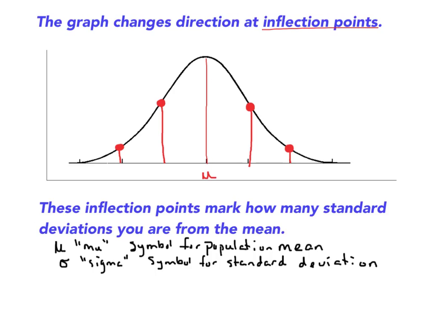And we're going to use the symbol sigma to represent one standard deviation above the mean, two standard deviations above the mean, and below the mean we use negative sigma, which means below: one standard deviation below the mean, and this is two standard deviations below the mean.